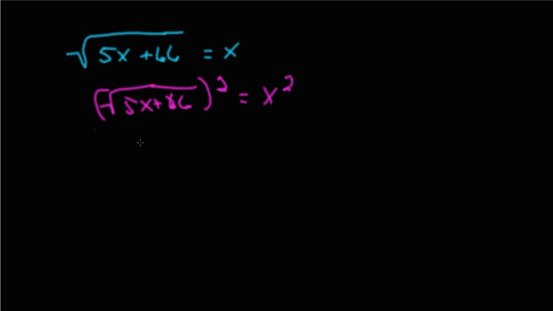Well, the square root of 5x plus 66 squared gives us 5x plus 66. And that's equal to x squared.